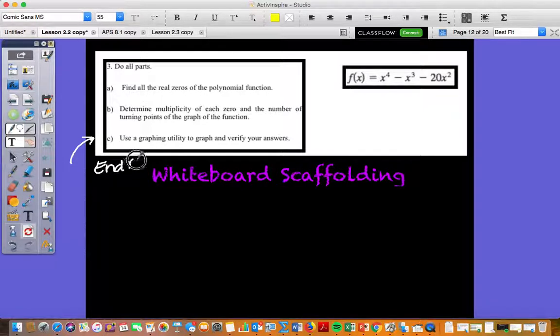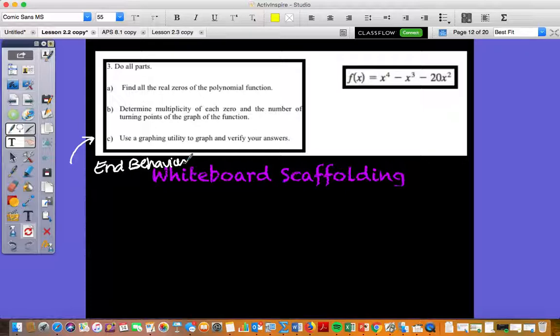Do you remember this from Friday? If it's odd positive, odd negative, even positive, even negative. Do we need to review that real quick? Okay, all right, here we go. If it's even, we're talking about the degree of the polynomial, the highest exponent. They're both going to go together.